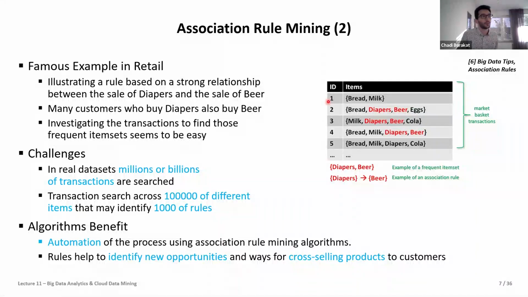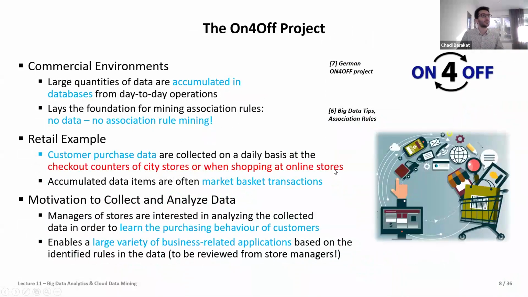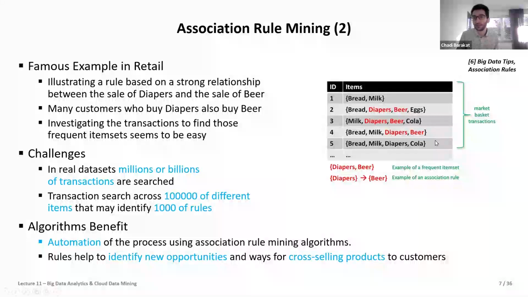So you have one basket, and then another, etc. From these items, we can easily extract, or a basic algorithm will extract, that diapers and beer are often bought together. So if somebody buys diapers, usually it's a good idea to recommend that they also buy beer.